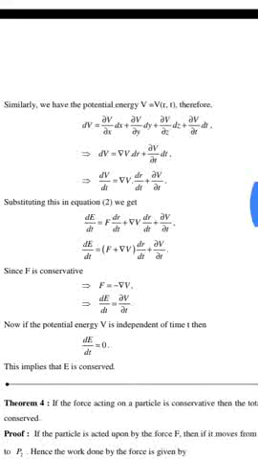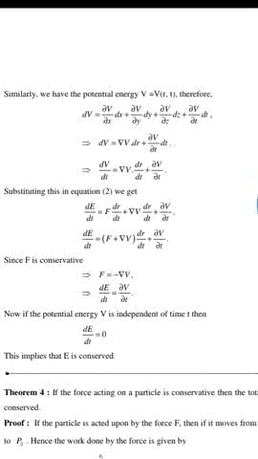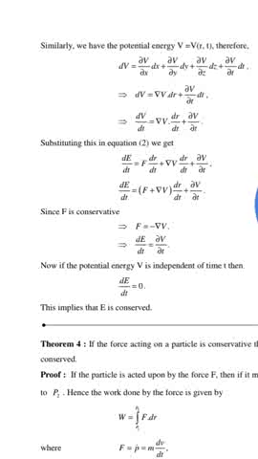We have potential energy V = V(r, t). Therefore, dV = ∂V/∂x dx + ∂V/∂y dy + ∂V/∂z dz + ∂V/∂t dt. So dV = ∇V·dr + ∂V/∂t dt, and dV/dt = ∇V·dr/dt + ∂V/∂t.